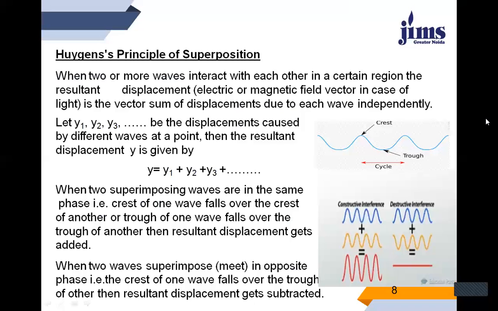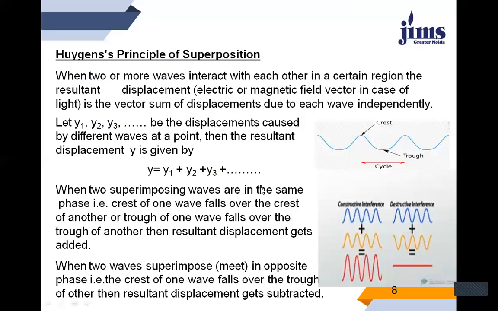So you can see here, let us suppose there are two or more waves having displacements y1, y2, y3, etc., caused by different waves at a point. Then the resultant displacement y is given by y = y1 + y2 + y3, etc.